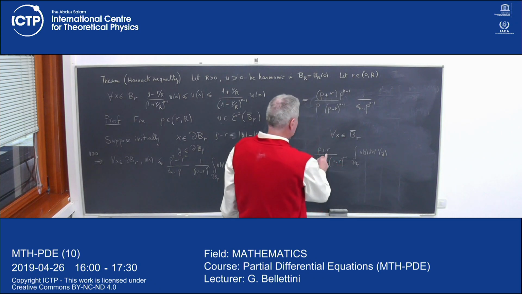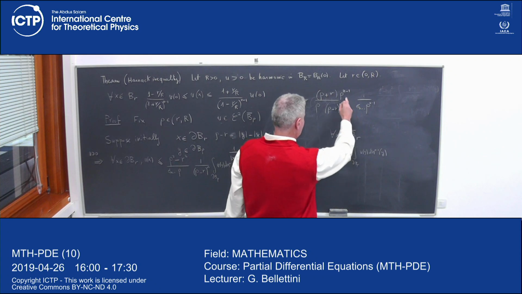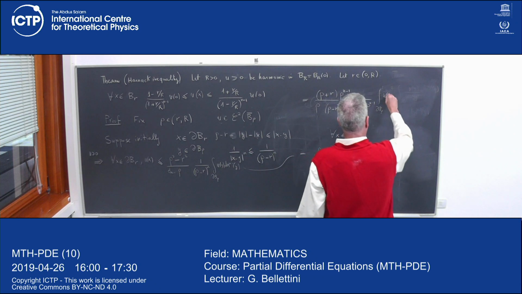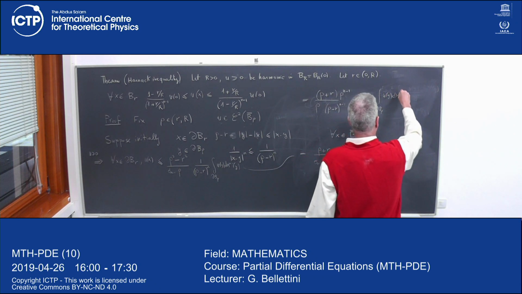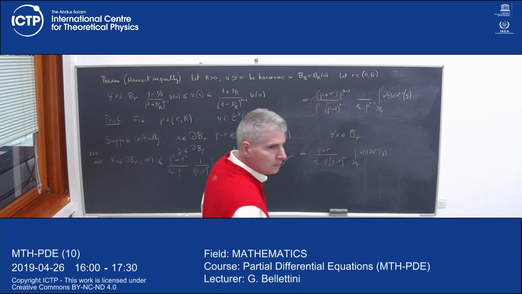So I've rewritten this, and multiply and divide by rho to the n minus 1, u of y dH n minus 1 y. Okay?